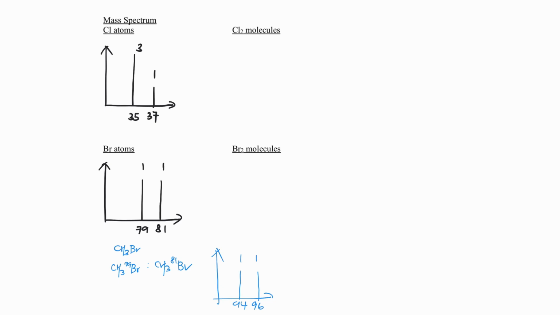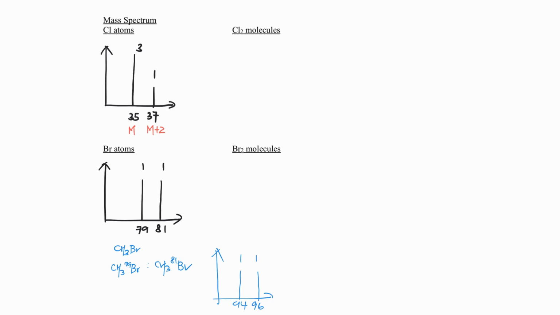Looking at this, we can see the pattern of the mass number for a molecule with one chlorine and one bromine atom. If it is one chlorine, we have the pattern of peaks with M and M+2.